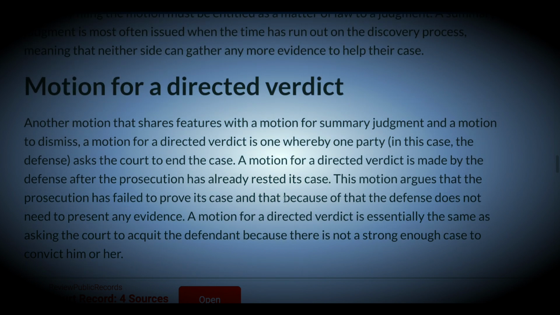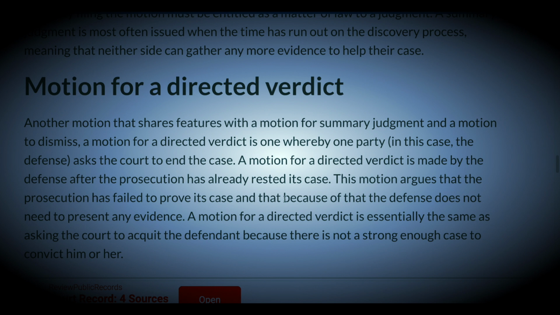Okay. Motion for a direct verdict. This is my first time reading up on one of these. A motion for a direct verdict is another motion that shares features with a motion for summary judgment and a motion to dismiss. It is one whereby one party, in this case the defense, asks the court to end the case.